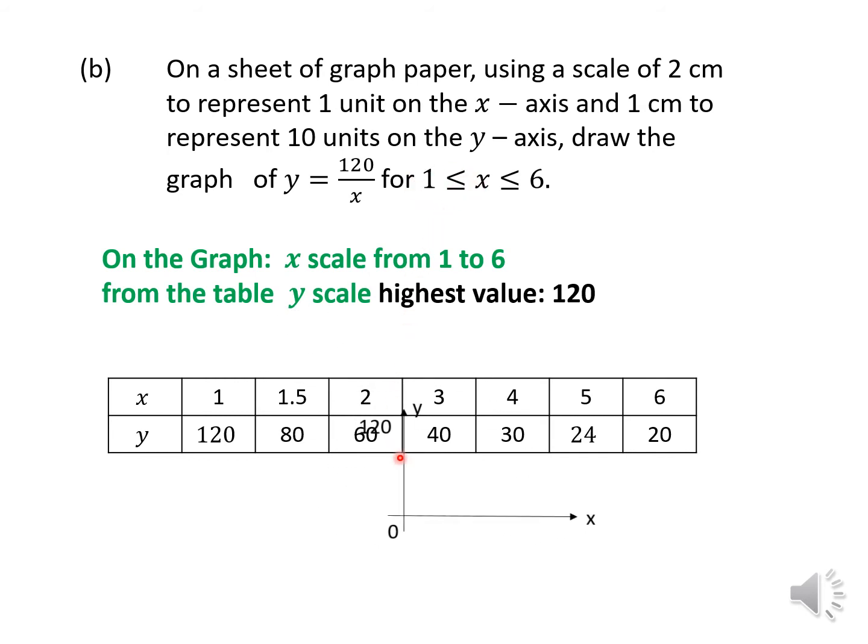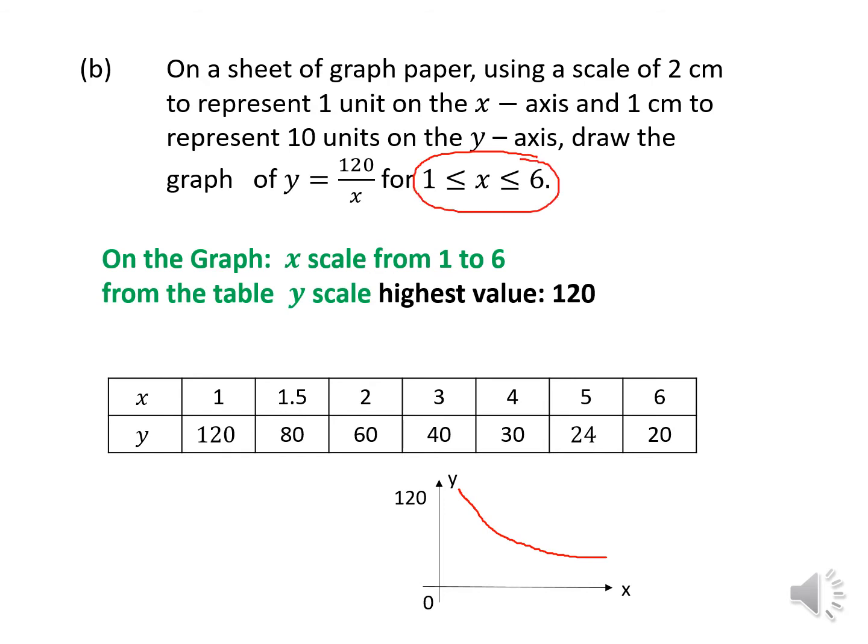So I expect a graph to look something like this, and when I plot these points, I expect a type of graph that goes in this direction. Because it's in the positive direction, it's in the first quadrant only that they are expecting us to answer the questions. So this is what you need to know before you start plotting your graphs.